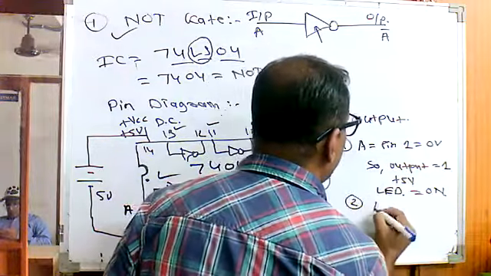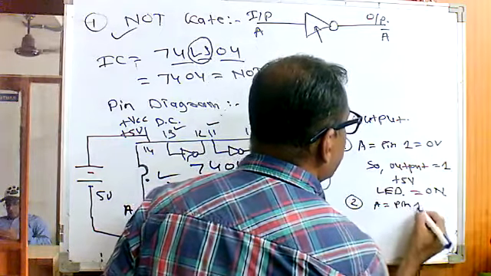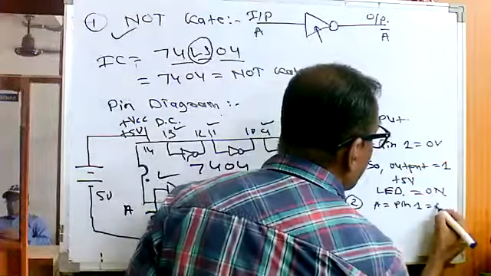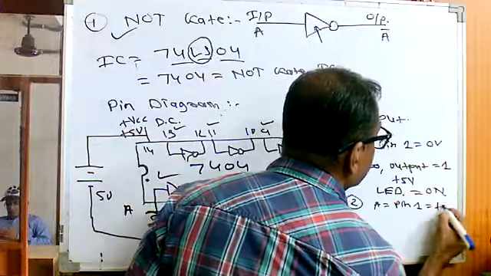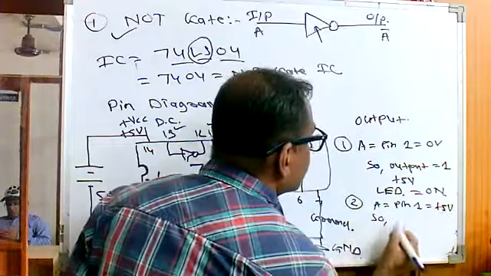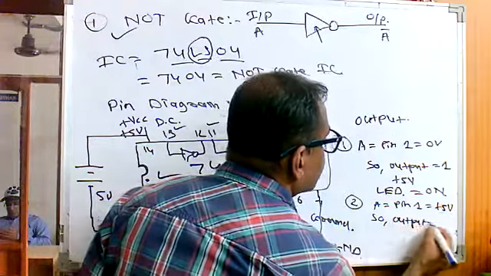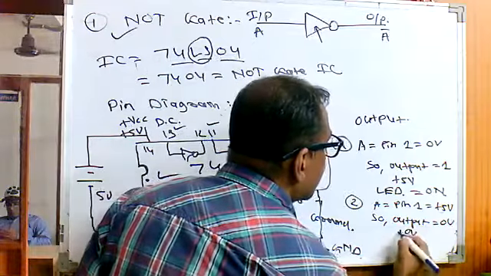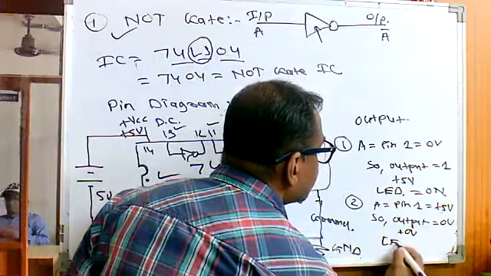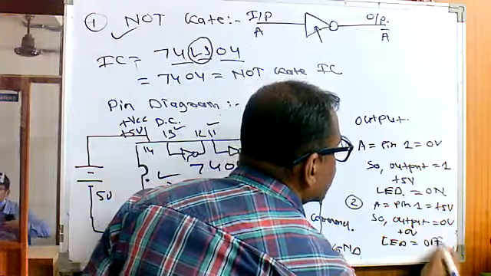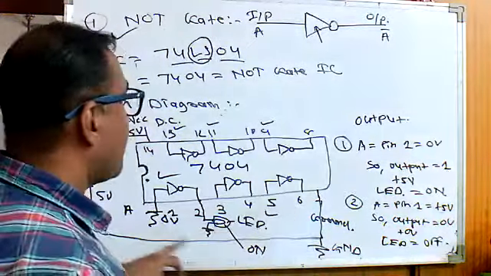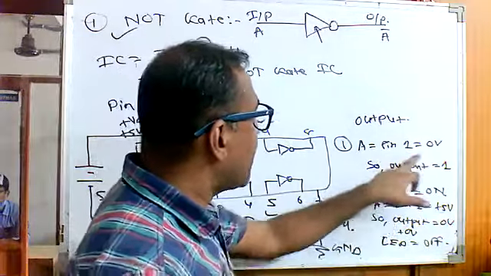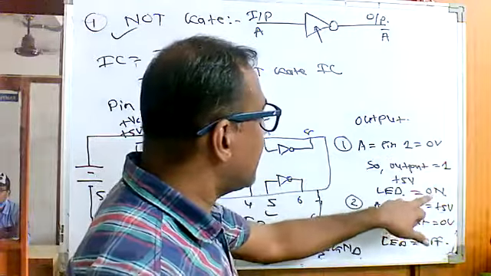The second condition is when pin 1 is equal to 1, plus 5 volt. So the output is equal to 0 volt, and the LED is off. When the input voltage is 0, the LED is on.